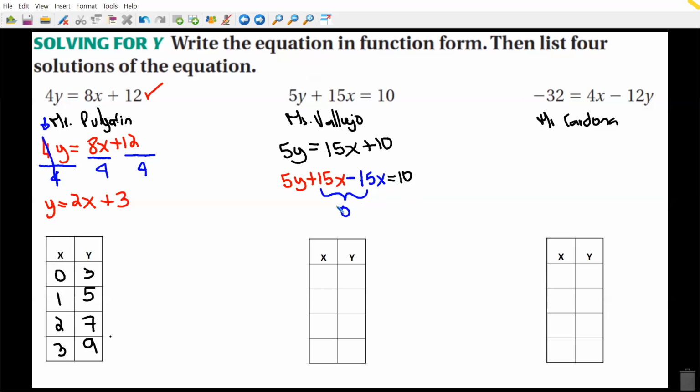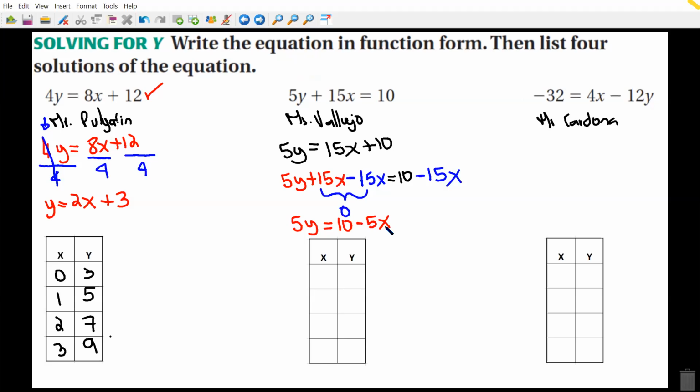And what you do on one side, you do on the other side, Miss Vallejo. So look at my blue, negative 15x appears again. That means I canceled, and now my equation is going to be 5y is equal to 10 minus 5x, right?